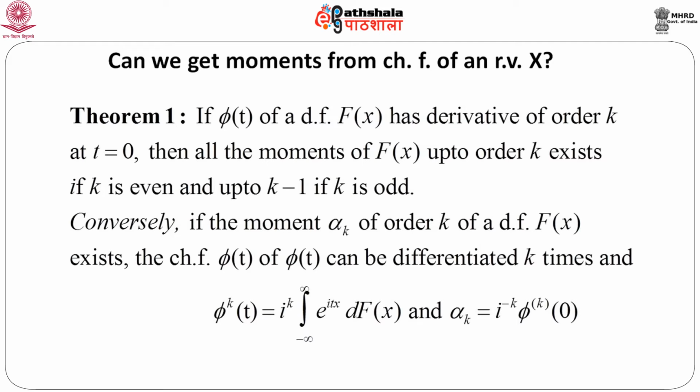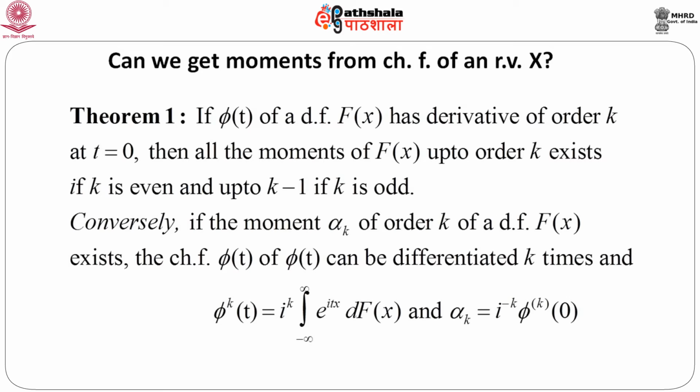Conversely, if the moment alpha k of order k of a distribution function F(x) exists, then the characteristic function phi(t) can be differentiated k times, and in fact the kth derivative of phi(t) is i to the power k times the integral from minus infinity to infinity of e to the power itx dF(x), and alpha k, the kth order moment, is given as i to the power minus k times the kth derivative of phi at t equals 0.